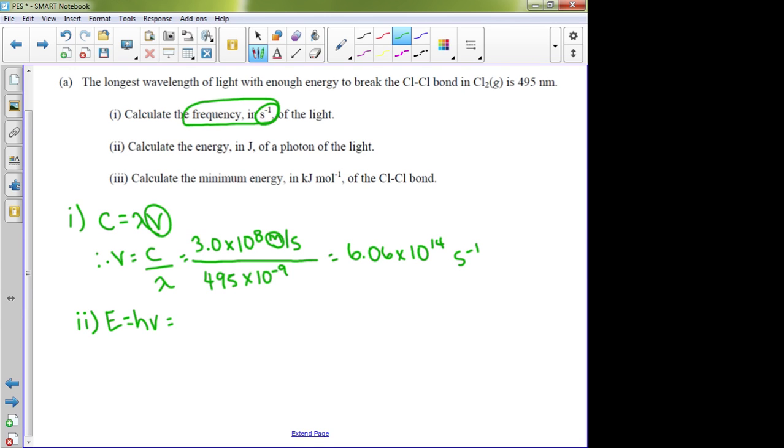Planck's constant, which is 6.626 times 10 to the negative 34 joules times second. Is that an AP equation sheet equation? Yes, it is.